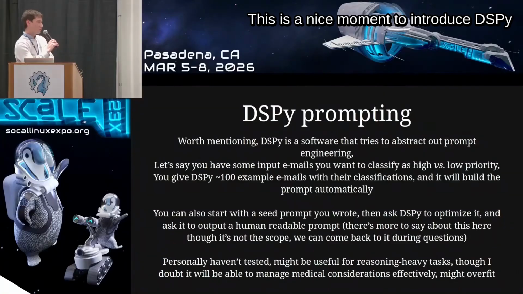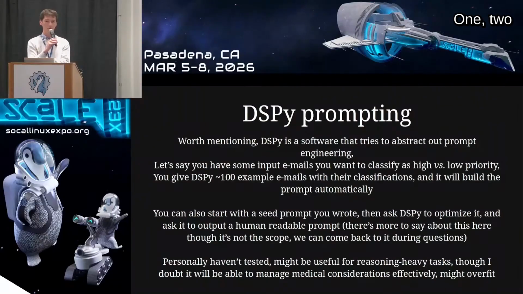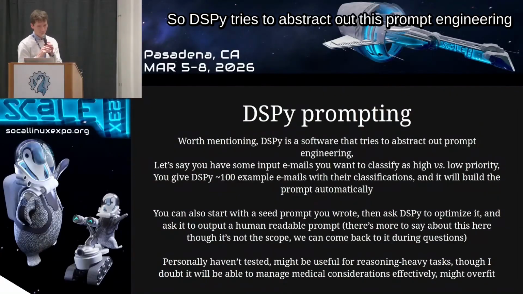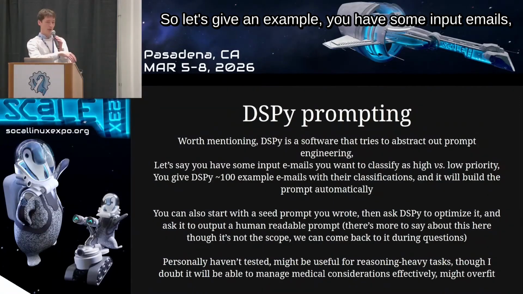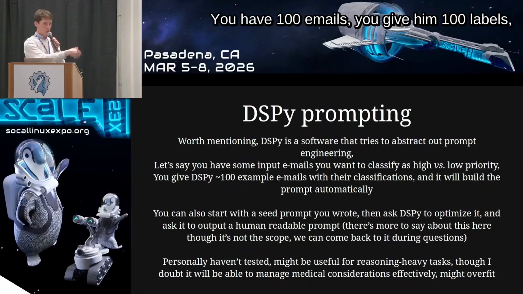This is a nice moment to introduce DSPy. Maybe show of hands, anyone heard of DSPy? 1, 2. So DSPy tries to abstract out this prompt engineering. So let's give an example. You have some input emails you want to classify as high or low priority. You have 100 emails. You give it 100 labels.